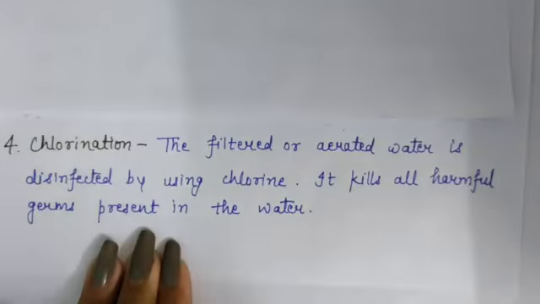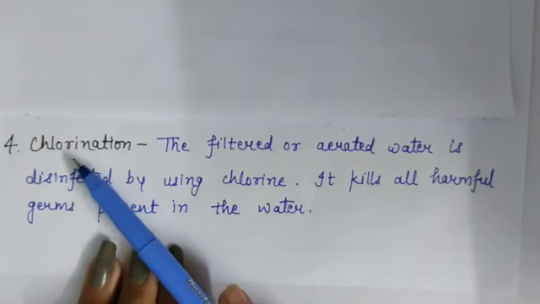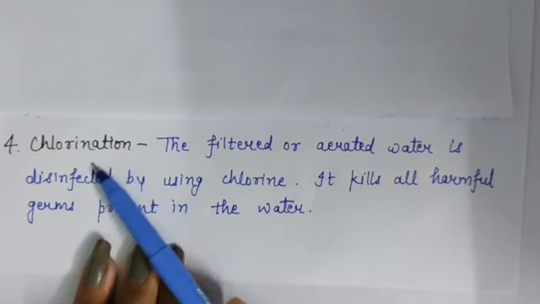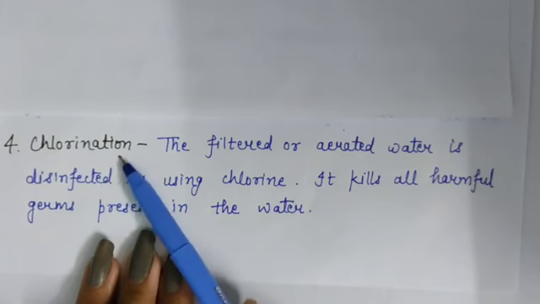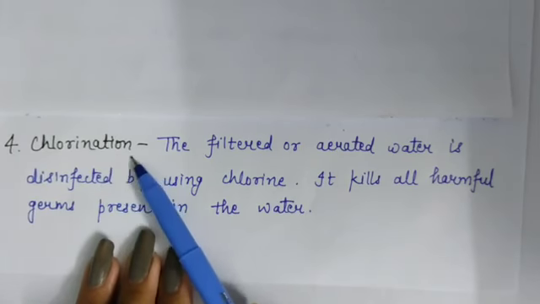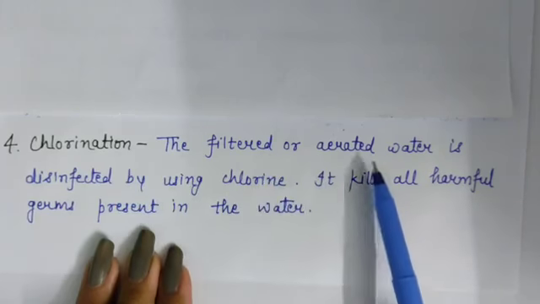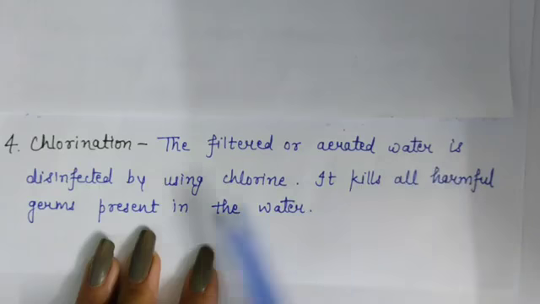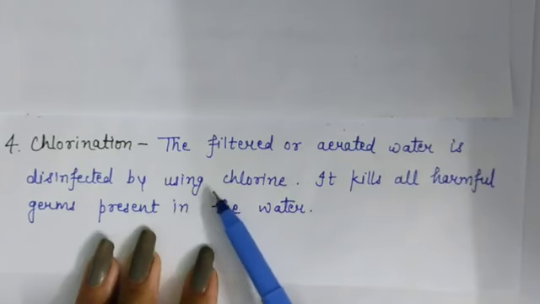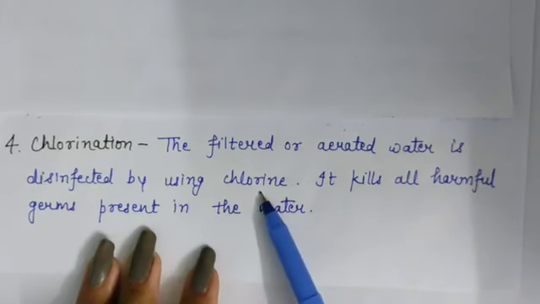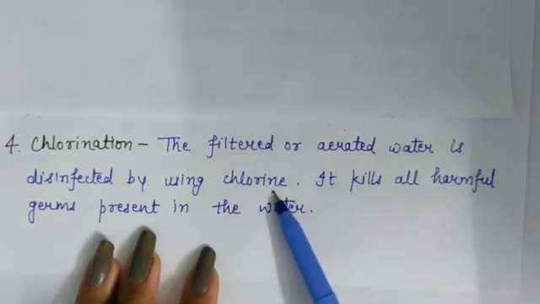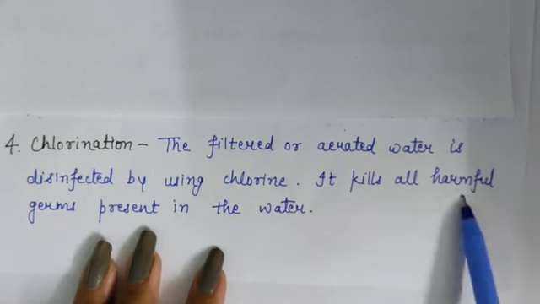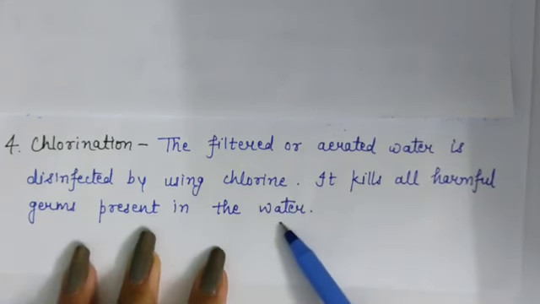Okay. Now the next step is chlorination. We have already discussed what chlorination is: adding of chlorine tablets into water. So the filtered or aerated water is disinfected by using chlorine. Okay. And what is the function of chlorine? It kills all harmful germs present in the water.